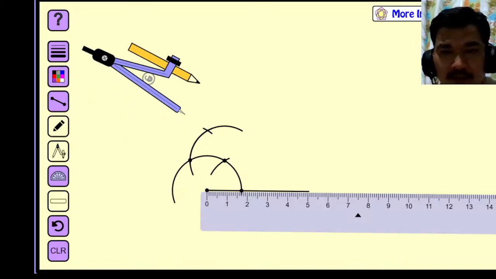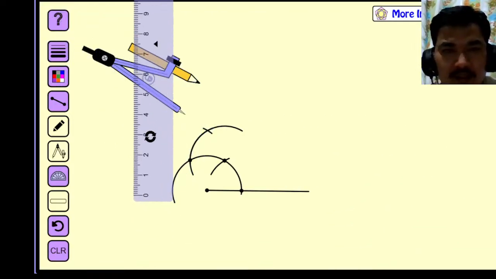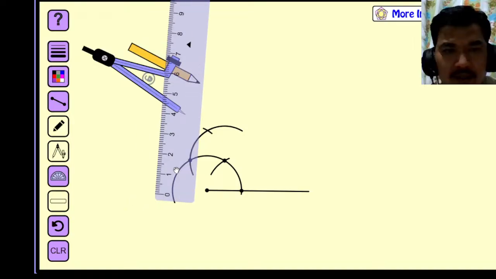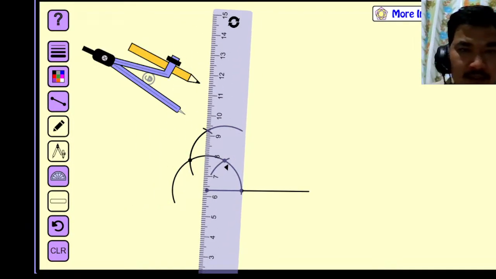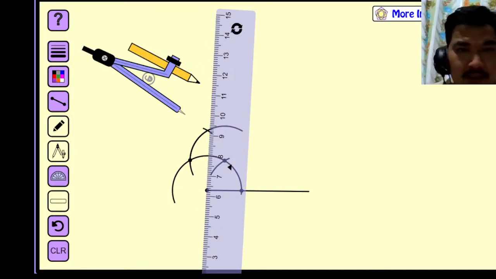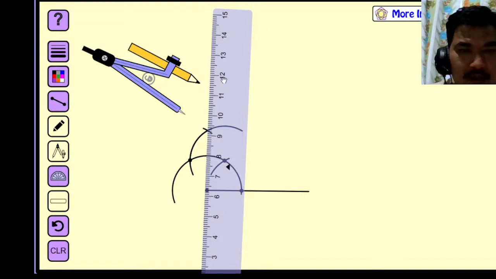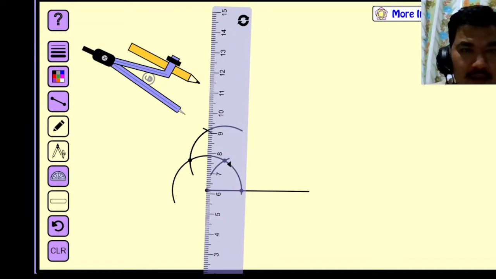Then now take the help of ruler and put it straight vertical, and join this intersection point. Okay, cut this at three places here, one main arc, one another, and down one another.